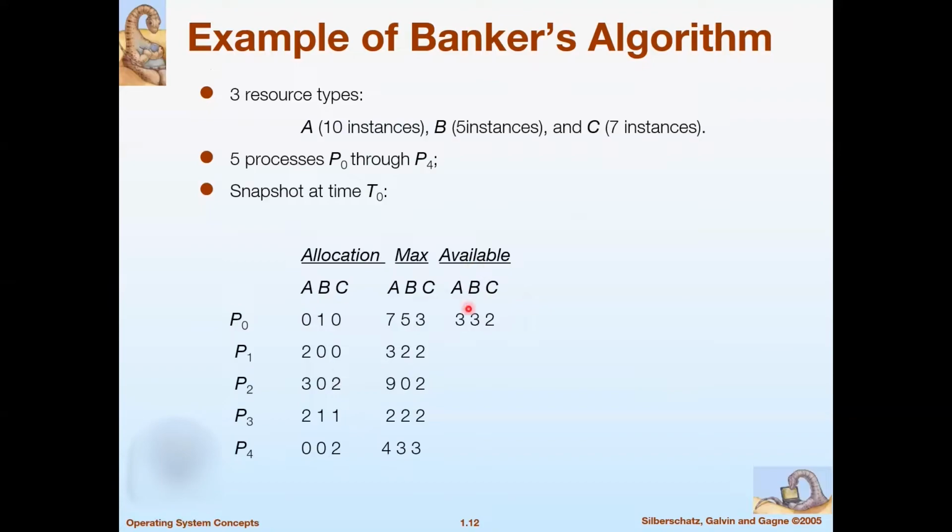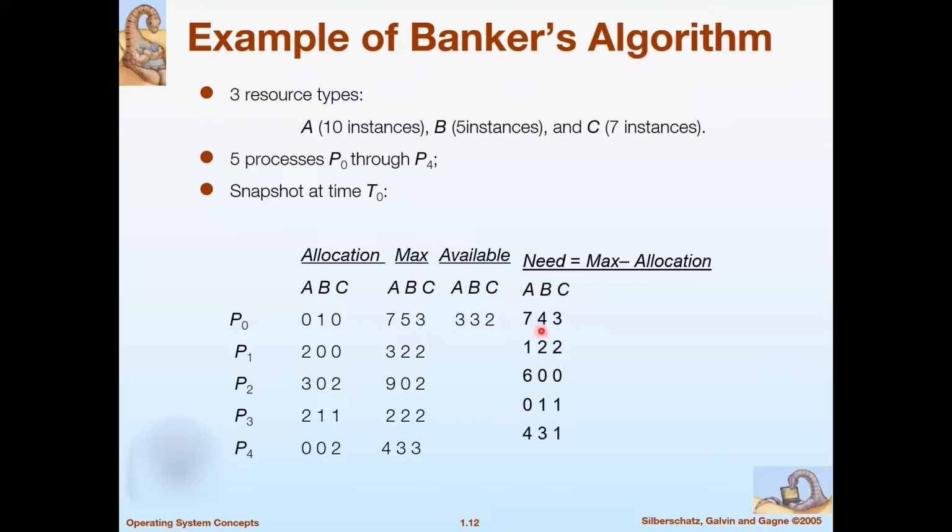Now for applying Banker's algorithm, we need to calculate the need matrix. Need is simply the difference of max and allocation. The need matrix at this particular instance of time is, for P0, the maximum requirement is 7, 5, 3, out of which allocated is 0, 1, 0.